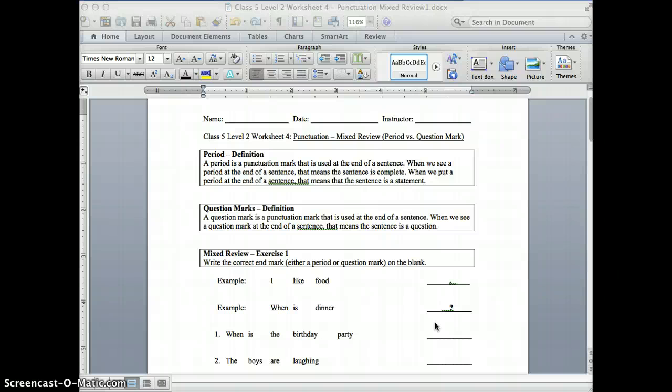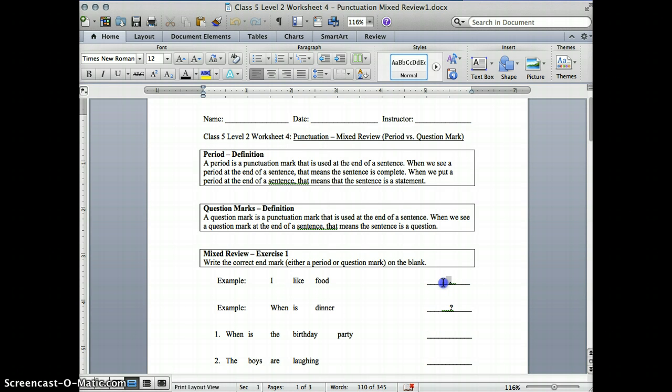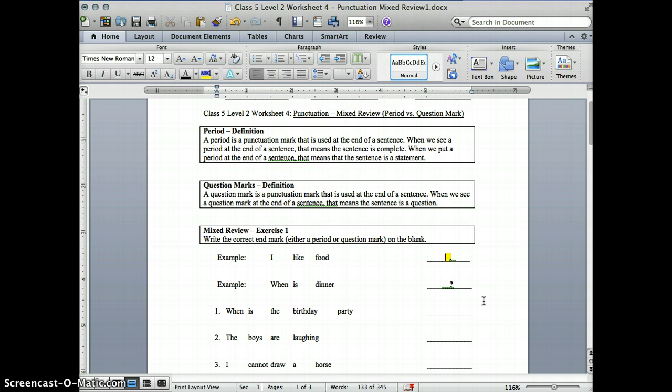We're stating a fact, exactly, which is why we have a period here, and I'll highlight that in yellow. Next example, when is dinner? Is this a question or is this a statement? Exactly, it's a question, which is why, again, there's a question mark here.